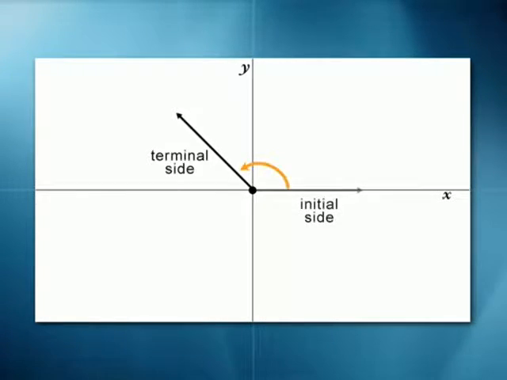So counterclockwise rotation from the initial side to the terminal side is a positive angle, and the opposite direction is a negative angle. Here's a positive angle starting at the x-axis and rotating over, and then the negative angle would rotate clockwise.